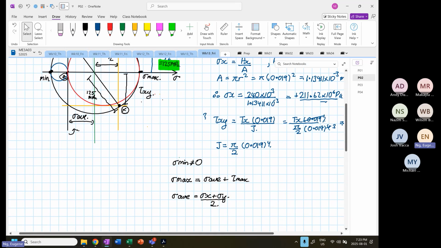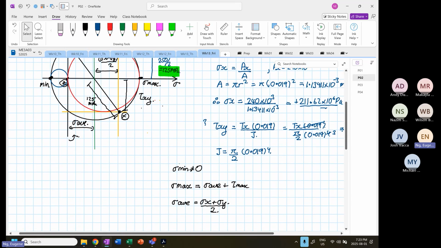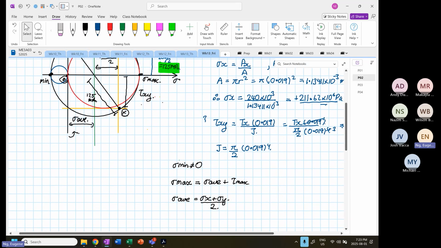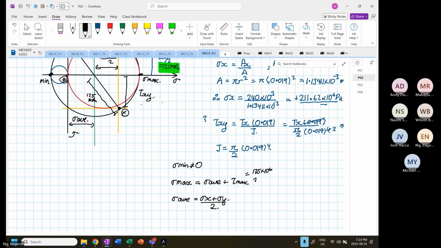So we also have to find what our tau max is. I know tau max down here is equal to 125 times 10 to the power 6. However, what is tau max in terms of what? In terms of stress x, stress y, and in terms of shear xy.